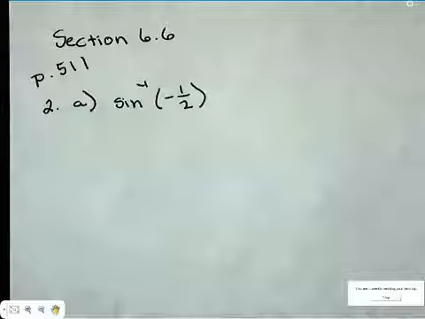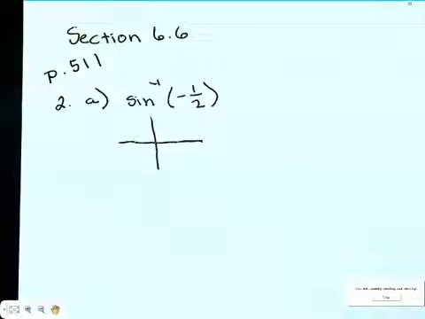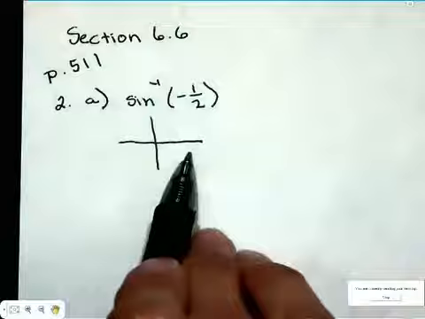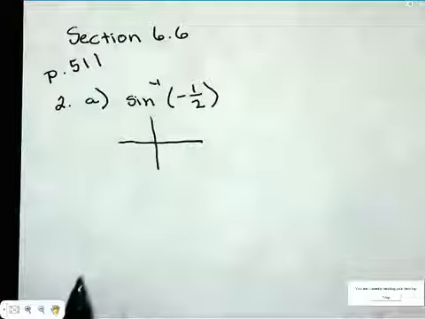The fourth quadrant. So we need the fourth quadrant angle whose sine is -1/2. Until your mental imagery gets really, really good, you may have to draw it. The angle whose sine is -1/2. Is that going to be closer to the x-axis? Would y be close to a half, or the y-axis?